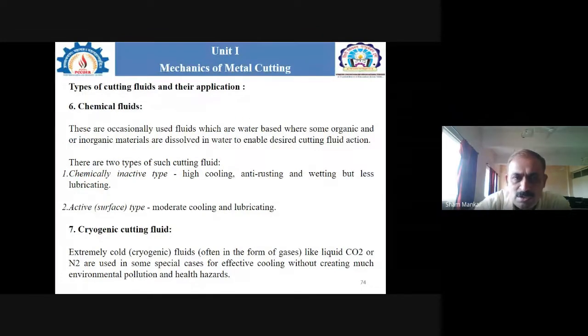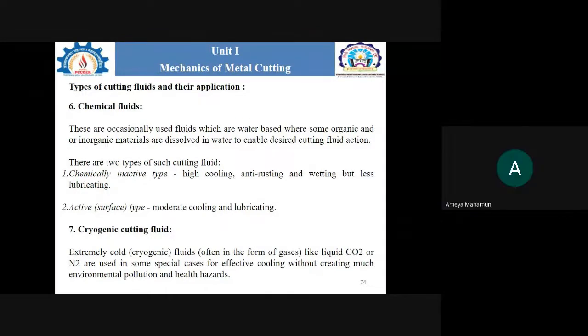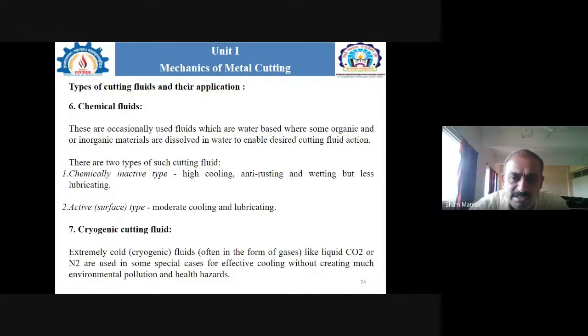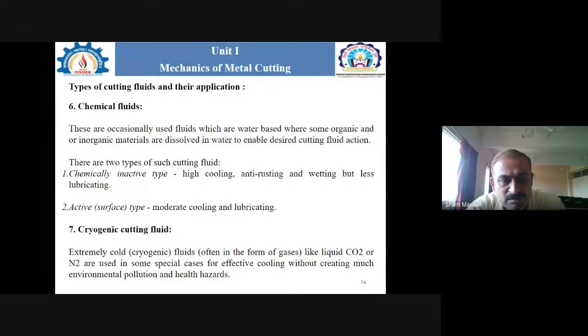Sir, maybe also the material on which we are going to cut. Yes, again and again, that is definitely there. Apart from that also, suppose you have to perform a machining operation on a lathe machine, a simple turning operation, and we know the nature of the tool material and the workpiece material.